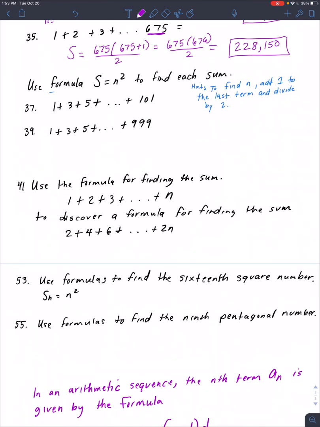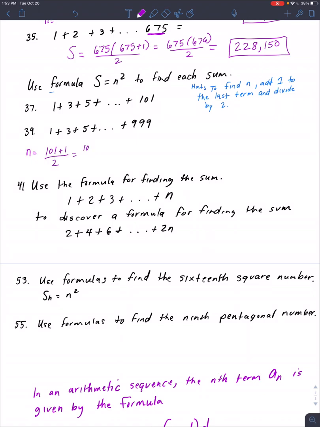So now we can use our hint. Use the formula s equals n squared to find each sum. So if we have our n squared, because we don't have all those values in there, so dot dot dot, we have to figure out how many terms we have in there. That's our n. So n is equal to 101 plus 1 divided by 2.